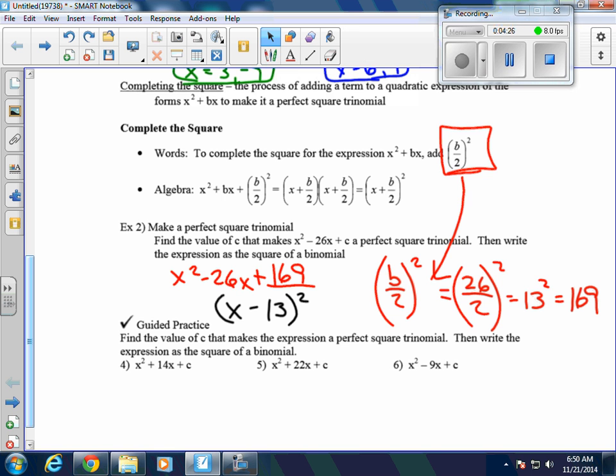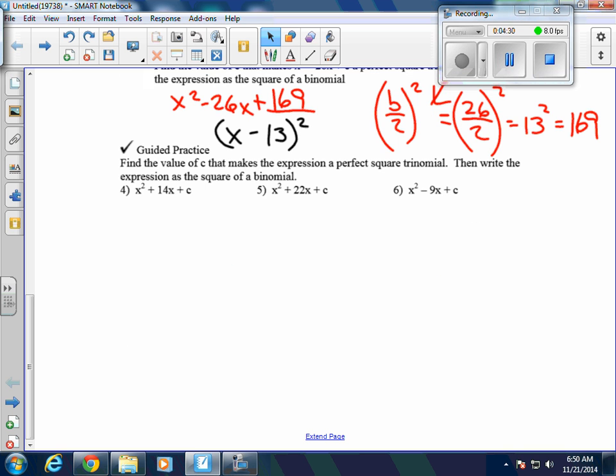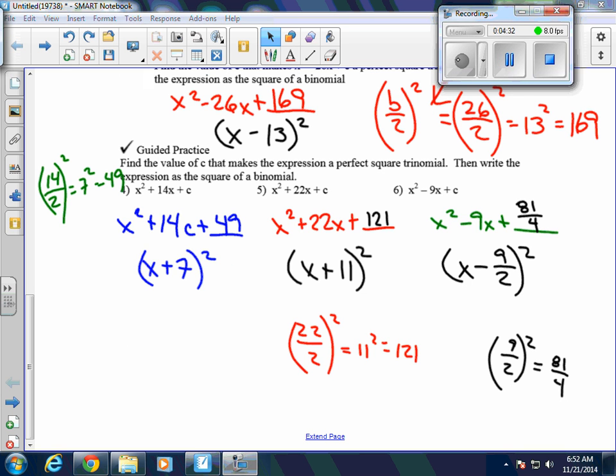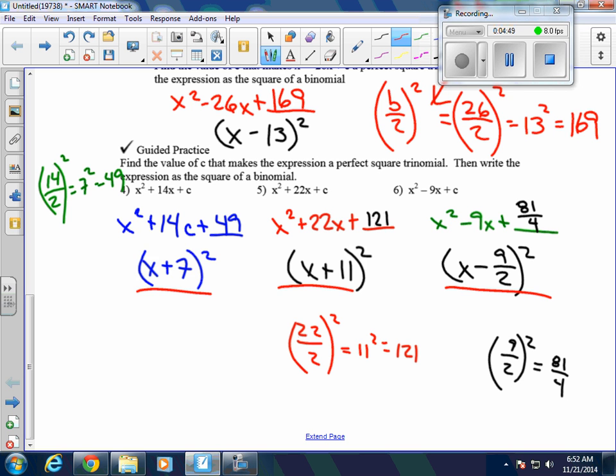Let's do the same thing with problems 4 through 6. And that's what we get when we complete the square, or find the value of c in these expressions to make them perfect square trinomials. And if they ask us to write the square of the binomial, that's that part.